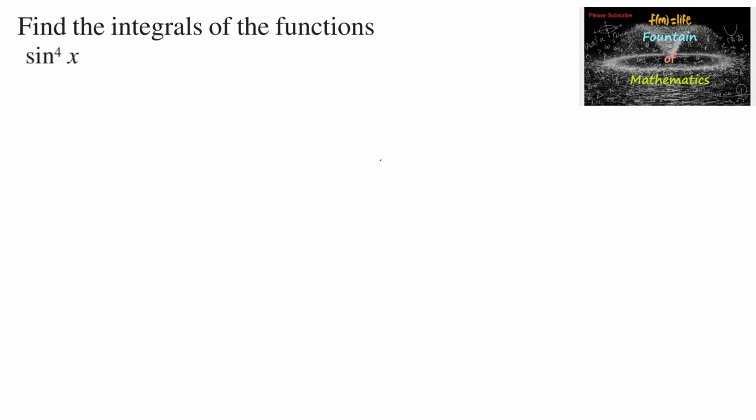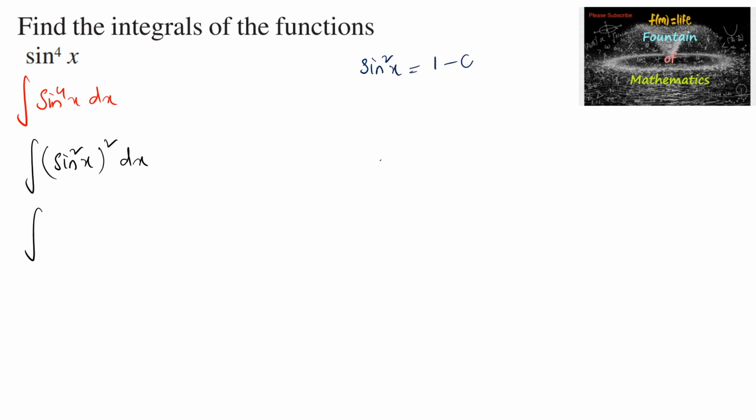Find the integral of the function sine power 4 x dx. We can write this as integral of sine square x whole square dx, which is equal to integral of, we know that sine square x is equal to 1 minus cos 2x upon 2.